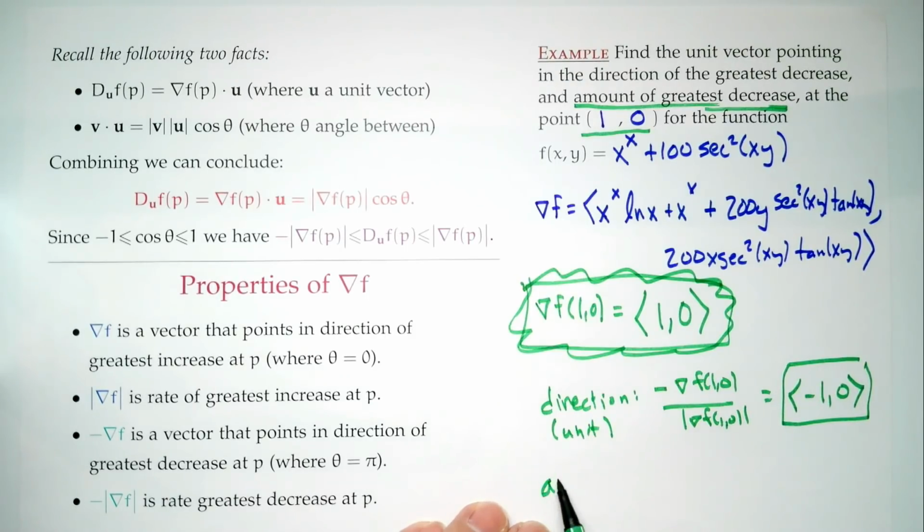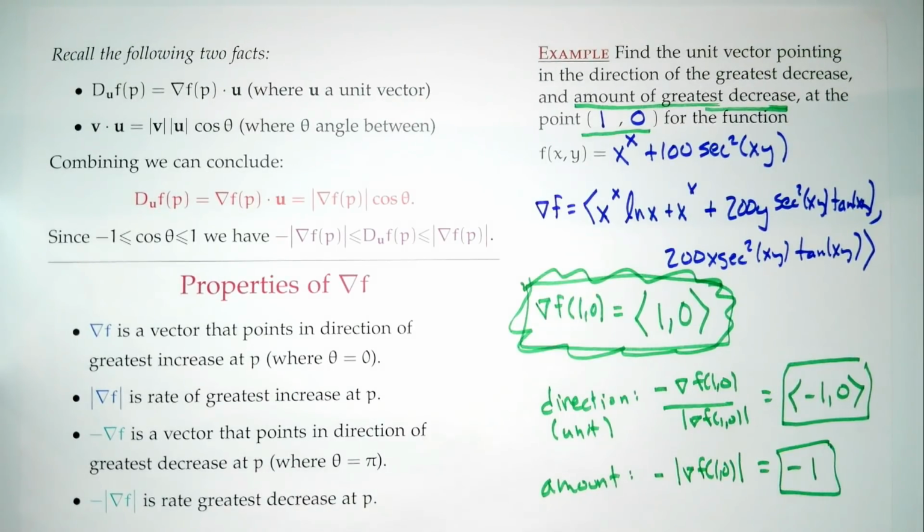The amount of greatest decrease is minus the magnitude of the gradient. So in this case, what do you get? Negative 1. All right. There we go. Phew. We survived that one, I think.